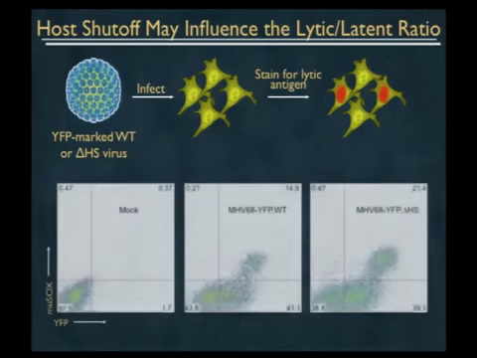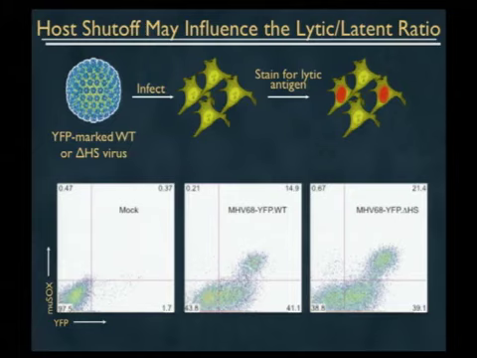And in fact, this is what he consistently sees. He can do this by IFA or flow and for a number of MOIs, but the trend is always the same, that there is a higher percentage of cells that are detectably lytically infected when he's using the mutant virus, which cannot promote RNA turnover, compared with cells infected with a wild type virus, which can promote RNA turnover.